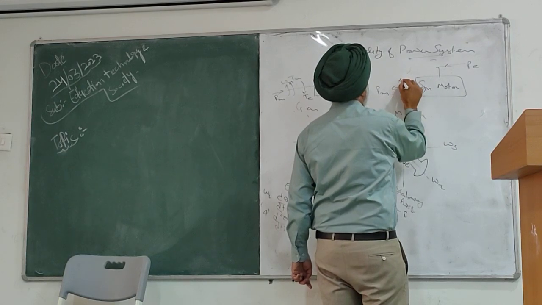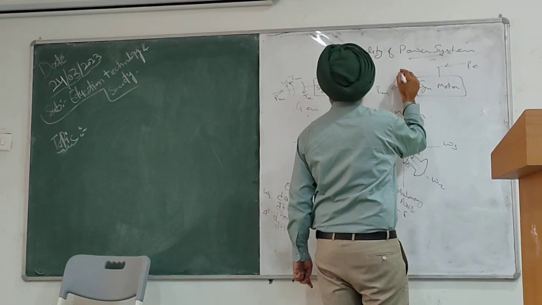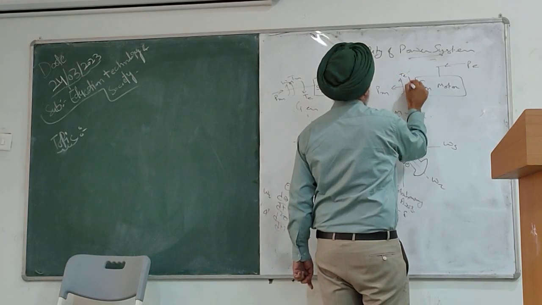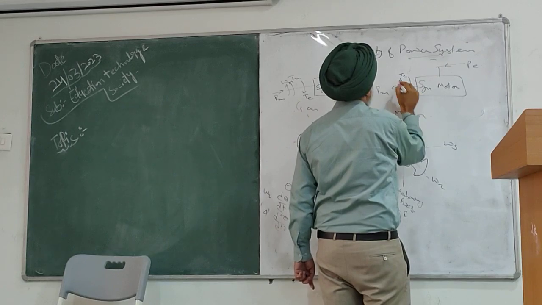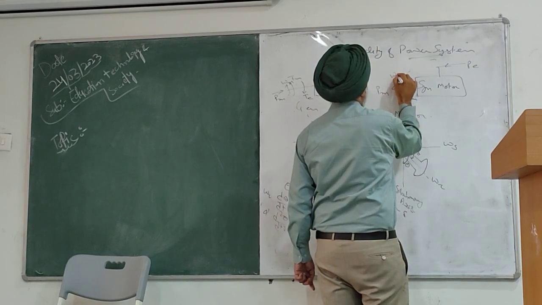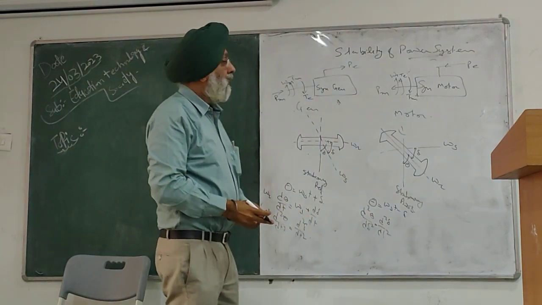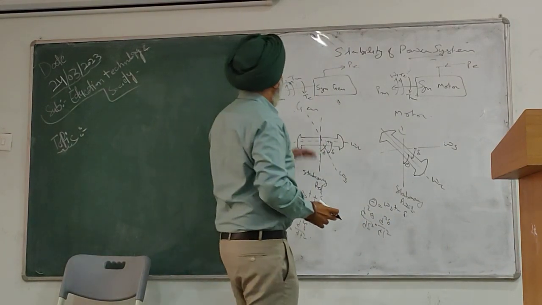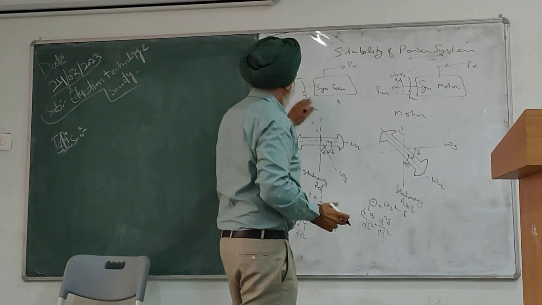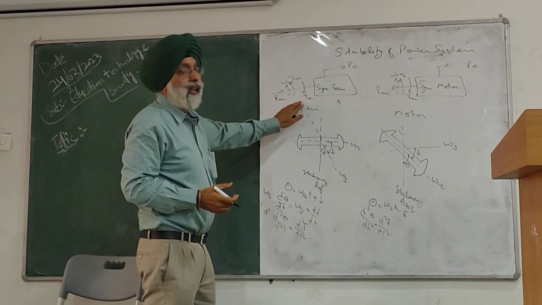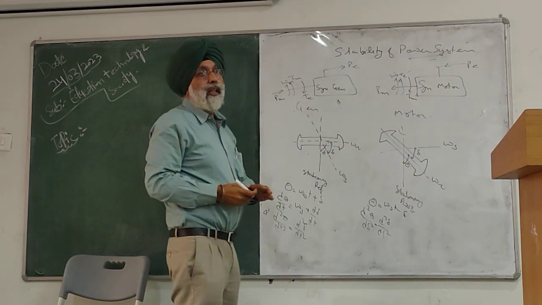So here we have electrical torque, mechanical torque, and angular velocity. In the generator we give mechanical power and we get electrical power.